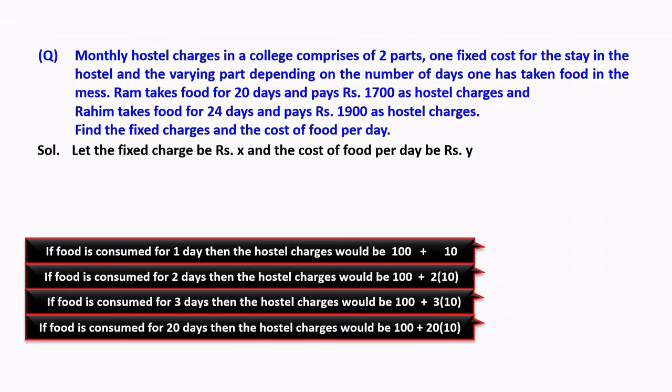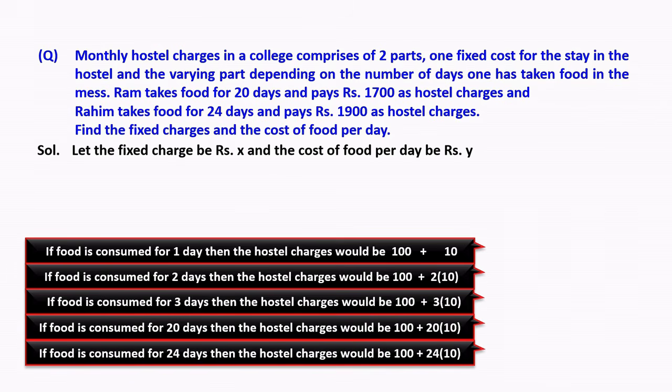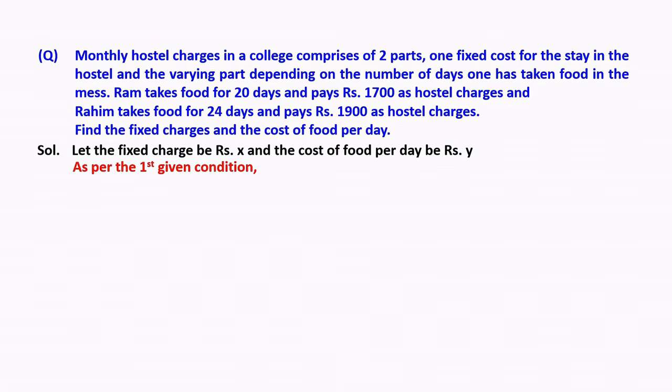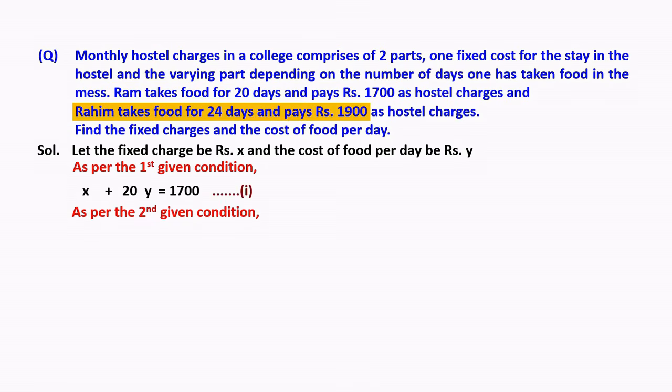If food is consumed for 24 days, then the hostel charges would be 100 plus 24 times 10. The fixed charges and the cost of food per day will remain the same. As per the first given condition, x plus 20y is equal to 1700. As per the second given condition, x plus 24y is equal to 1900.